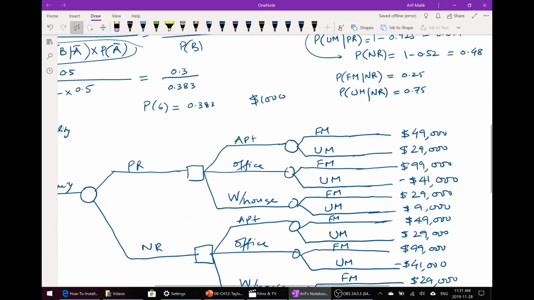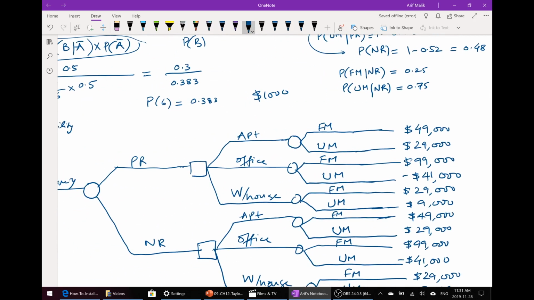So this one will be favorable market, positive report here. So we have favorable market, given that positive report has come, is 0.923, and here we will have 0.077.